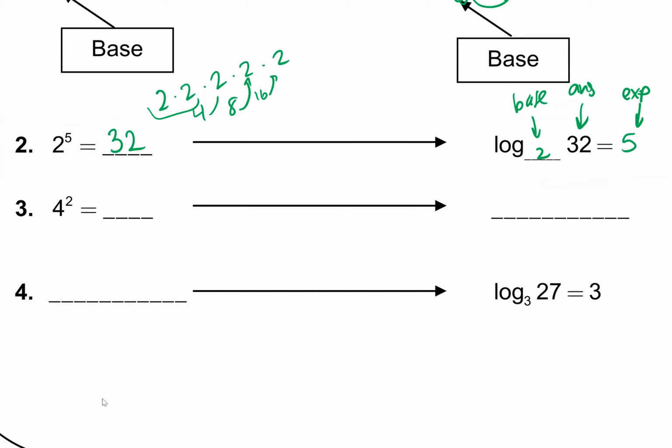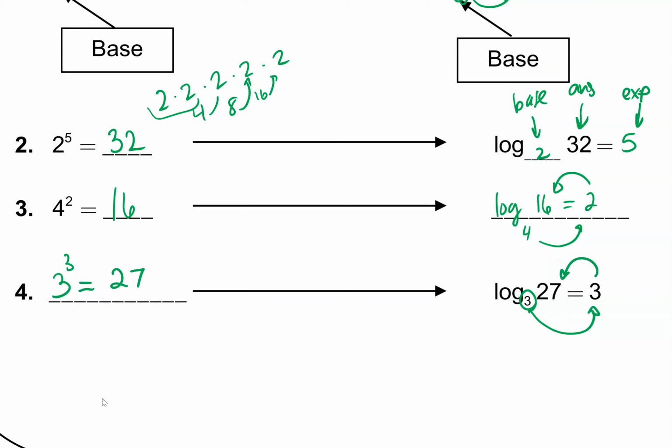4 squared is equal to 16. So I would write this as log base 4 of 16 is equal to 2. And to switch from exponential to logarithmic, or logarithmic to exponential, you just do a little curly Q action. Ooh, this one's a little difficult. We have to go to exponential now. So you start with the base: 3 to the 3rd power is going to be equal to 27. Awesome.